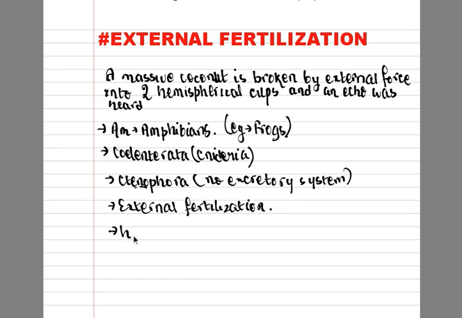Into two hemispherical cups. Hemispherical means Hemichordata. Hemi means 50% and chordata means phylum Chordata. The organisms of this phylum show a special structure called stomochord, which was earlier thought to be notochord, but now it is identified that stomochord is something different.